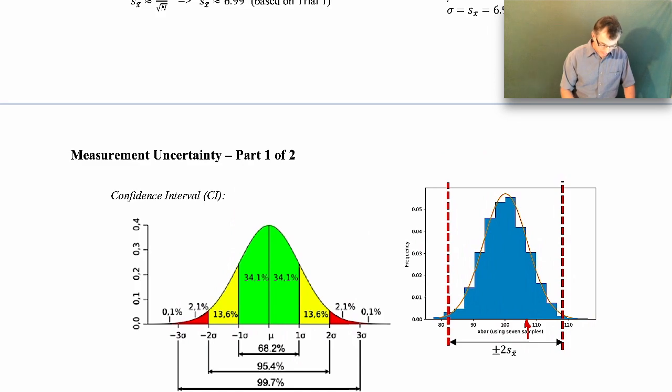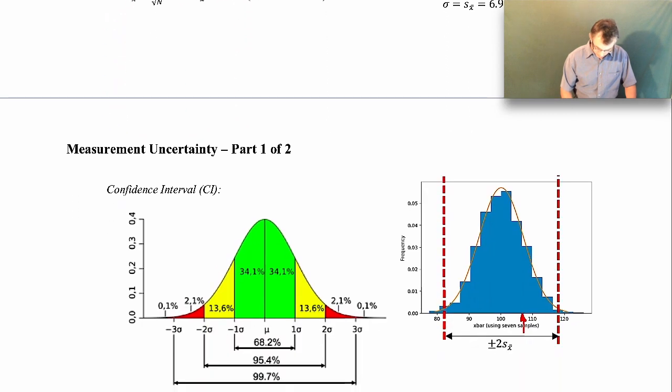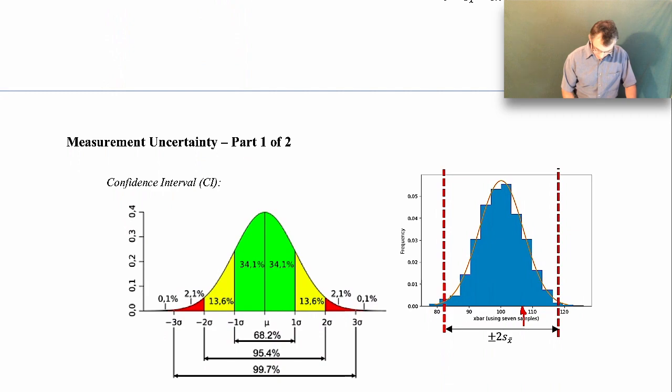The standard error we calculated was about a value equal to 7. So 2 times 7 gets me 14. That's going to put me somewhere about here. And then if I add 14 to 108, that gets me 122, somewhere there.